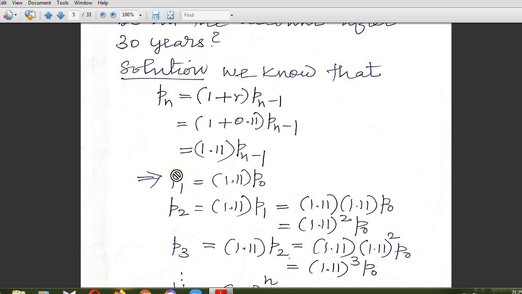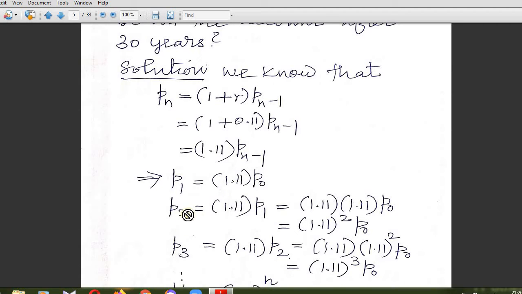Now let us find the amount in the first year. Adding here, we get 1.11. So P1, after 1 year, equals the initial amount P0 into 1.11.